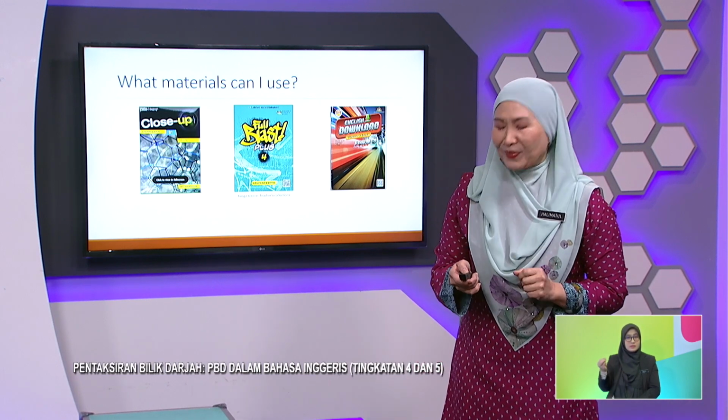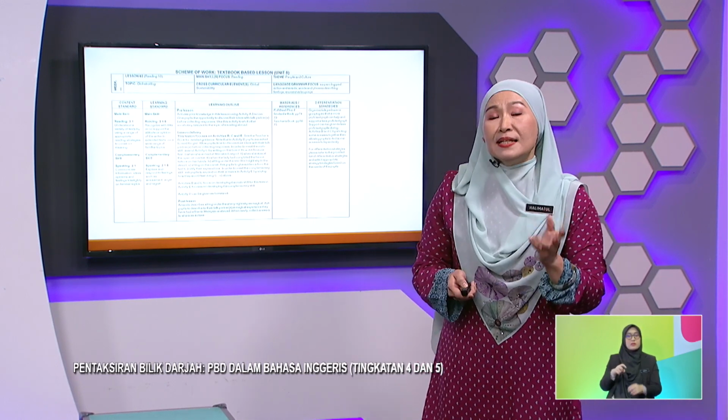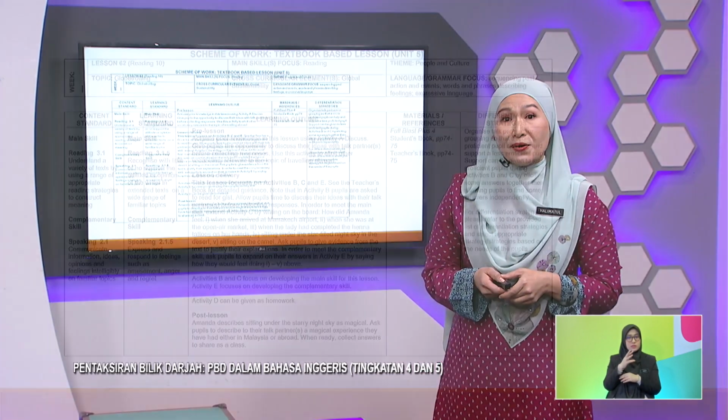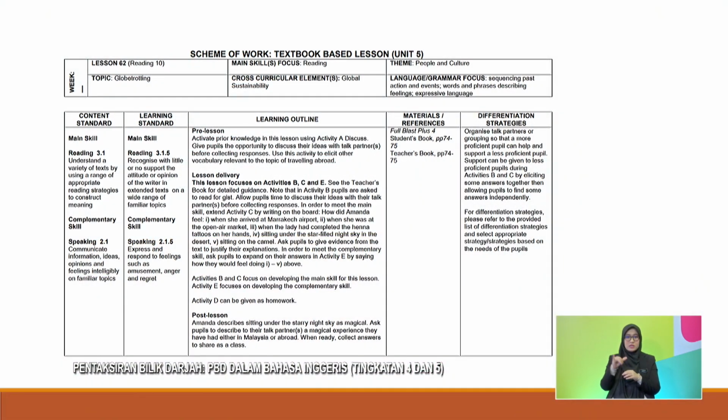Next, this is the scheme of work that every teacher around Malaysia should have, and this is lesson 62. And the learning standard, as you can see there, is reading 3.1.5, and there's a complementary skill, which is speaking.